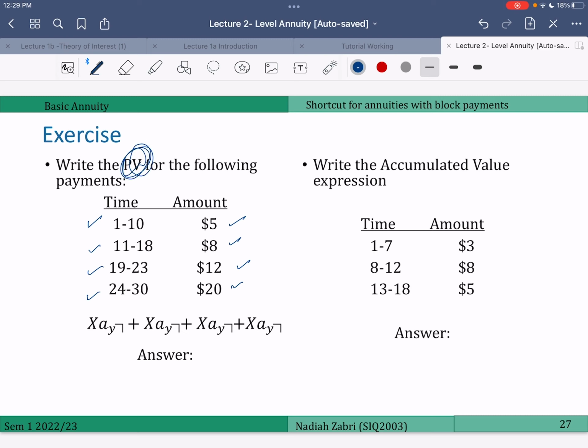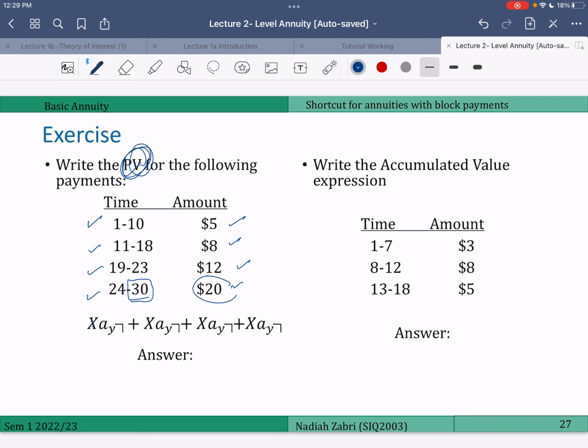Okay, so when we want to find the present value, we will start with the last block, which is the fourth block. So we have 30. So all of it we put 30. Okay, so the first one will be 30 a angle. No, not 30.